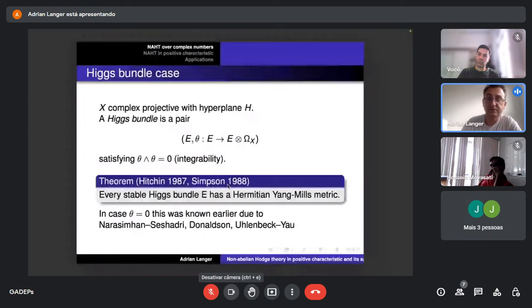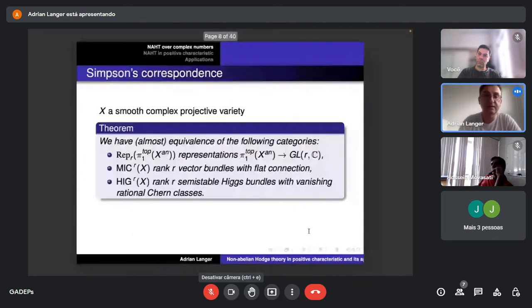So without a Higgs field, this result was known, but the interesting story was that this works also in the case of a non-zero Higgs field, and then there is a correspondence that I call for simplicity Simpson's correspondence, but in fact it takes into account several different correspondences like Riemann-Hilbert and so on.